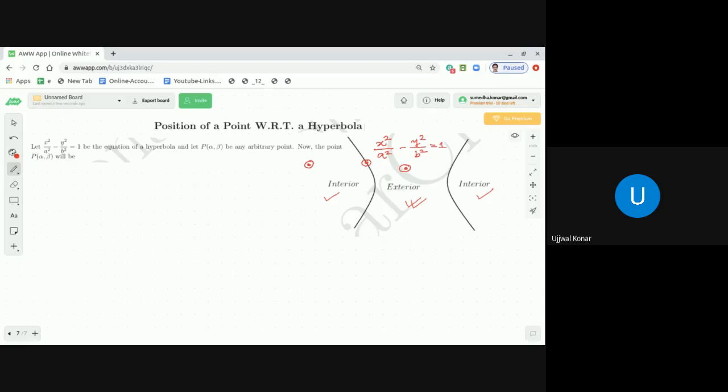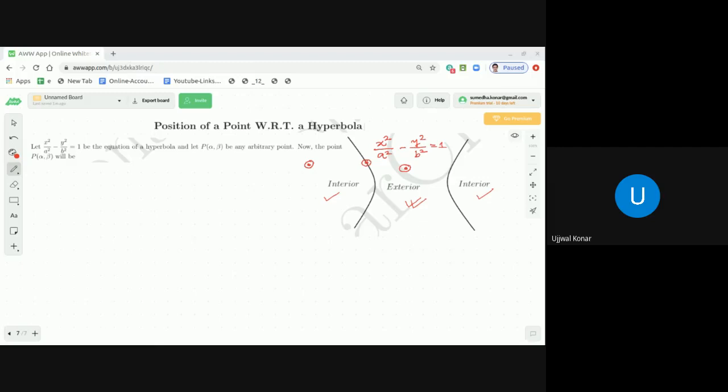The point is that when you are only given the equation, you have two things at hand. One is the equation of the hyperbola, that is x square by a square minus y square by b square equal to 1, and another one is a point alpha comma beta. From these two pieces of information you are going to decide whether the point is inside, on, or outside.